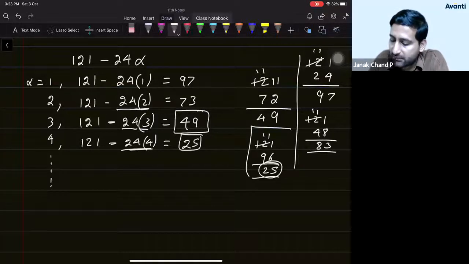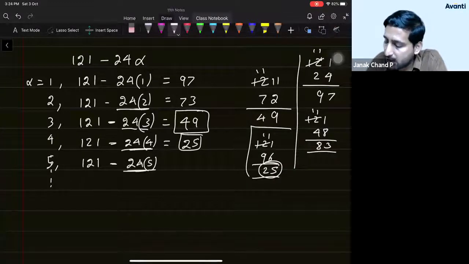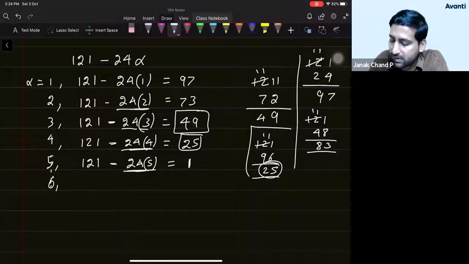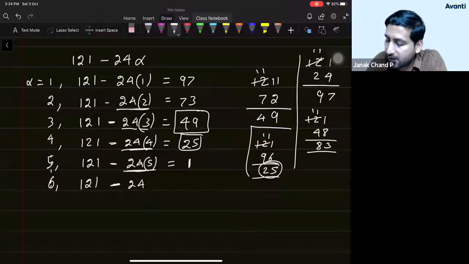And finally, students, if I put 5, 121 minus 24 into 5. 24 fives are 120, so you'll get exactly 1. Beyond this it is not required, because you can easily understand that it is going to be a negative number. For 6, this is 144, which is bigger than 121, so it is negative. You don't have to check beyond this.